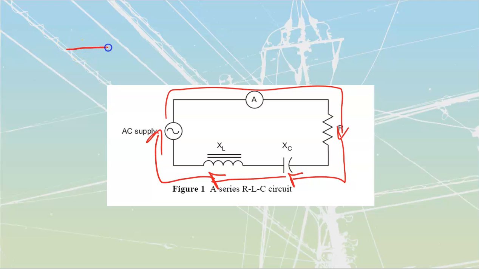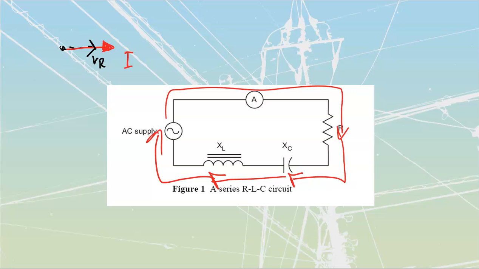Because current is common, we're going to put current on our x-axis. Close the arrowhead for current, so this is going to be my I. If I take a look at the voltages that I'm going to drop, any voltage over top of my resistance is going to be in phase. So this is going to be my VR that I would have over here. Just dot it like that. Then I'm going to have my volts from my inductor and my volts from my capacitor.